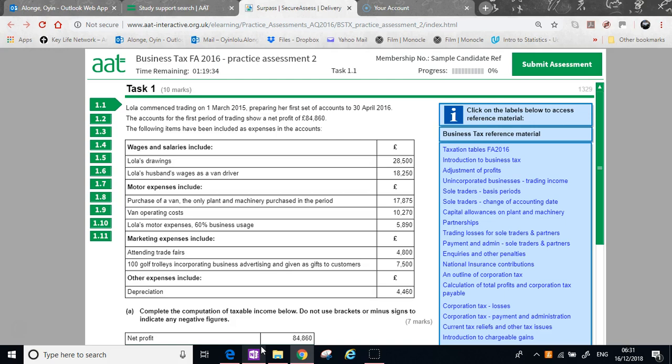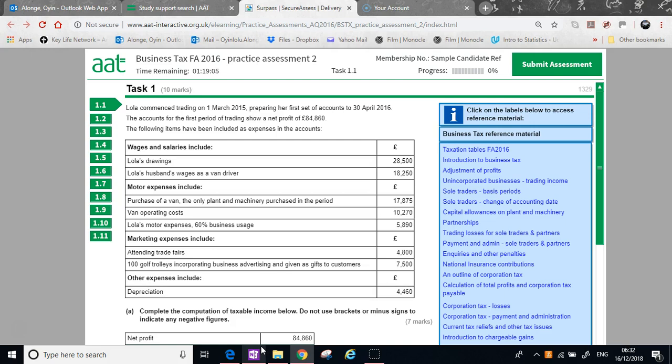Lola's motor expenses have 60% business usage, so you can't allow all 100% of this. Only 60% is allowed. You need to add back her own personal bit that you have deducted as well, so you add back 40%.